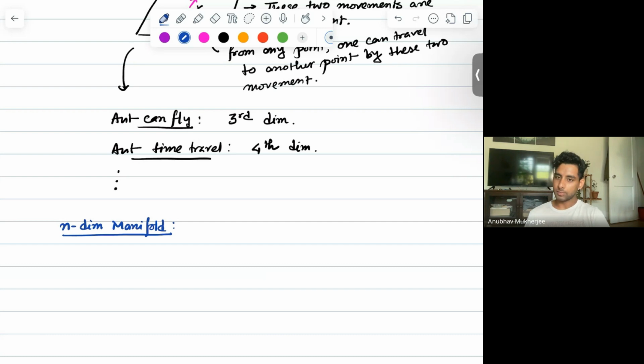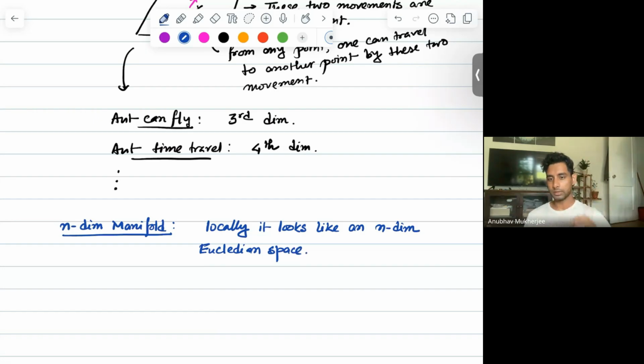We call this object a manifold if locally it looks like n-dimensional Euclidean space. That is, around every small point, it just looks like a Euclidean space.